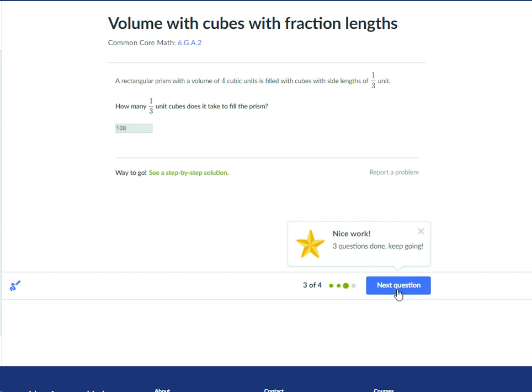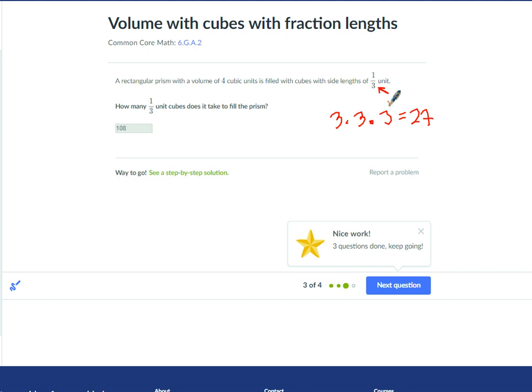So that's the process. At the end of the day, you're going to take one of the sides, which in this case is 1/3. And if I was to show you a shortcut, all I really did to answer this question was take the denominator, which was a 3, and multiply it by itself 3 times. So 3 times 3 times 3 is 27.